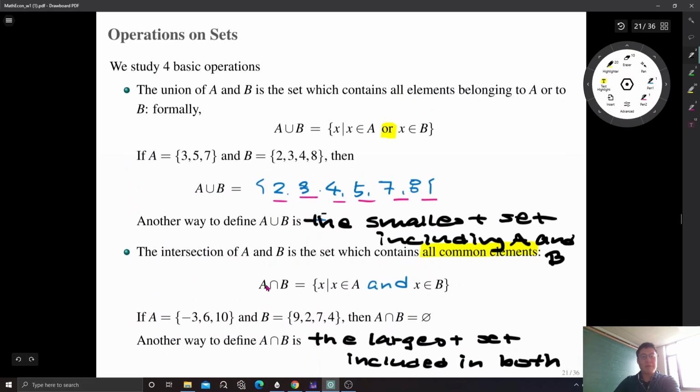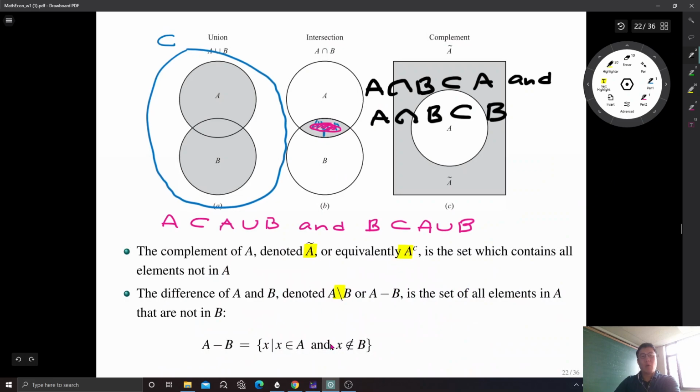Going back to the definition of the intersection, A intersection B is x is an element of A and x is an element of B. The only difference is that for set difference, we have this bar, which means x is not an element of set B. That is a complement.